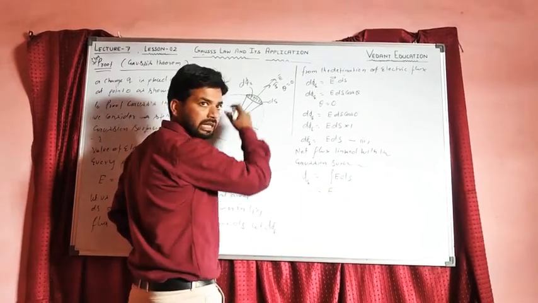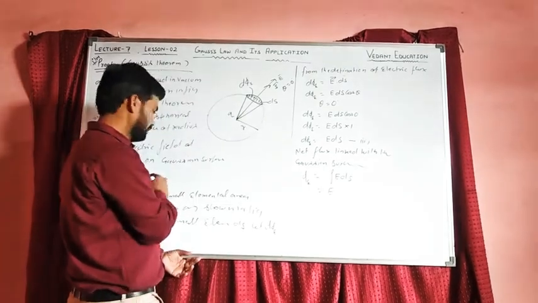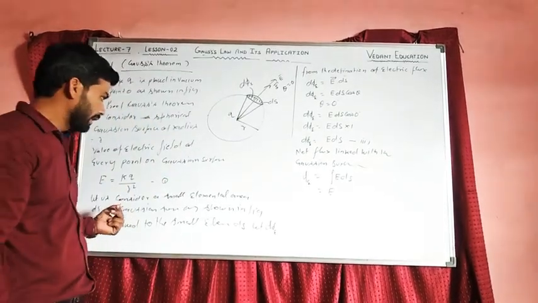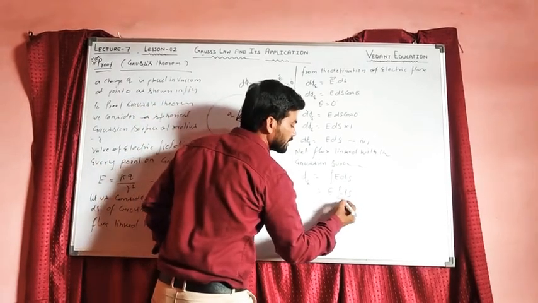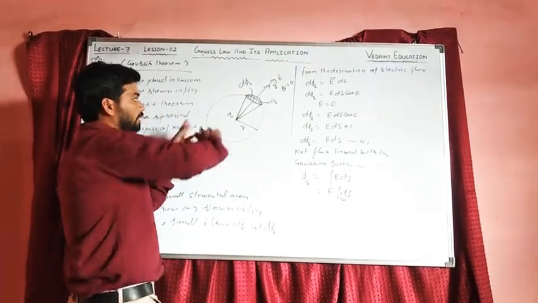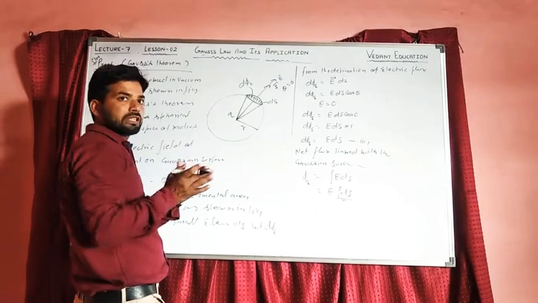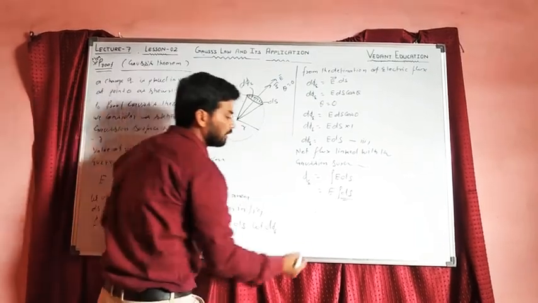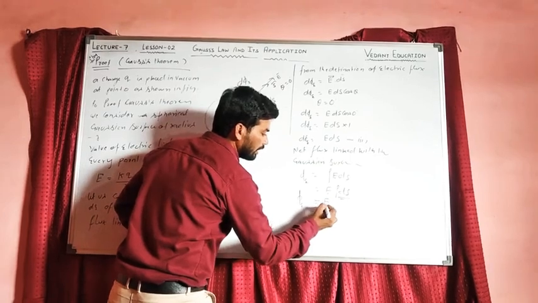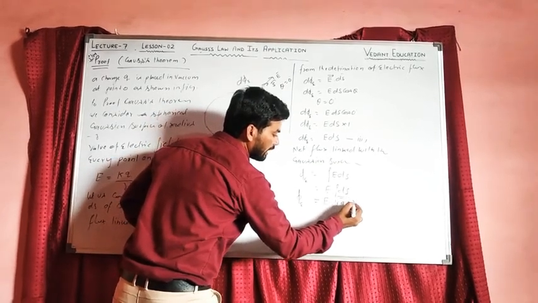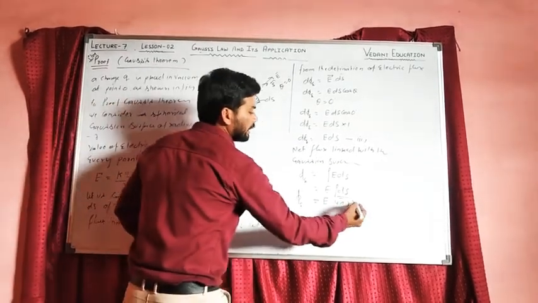E will be constant at every point, so this kq by r square remains outside the integral, and it is the surface integral of ds. The surface area of the sphere is 4 pi r square. So the total flux phi e equal to E into 4 pi r square, equation 3.